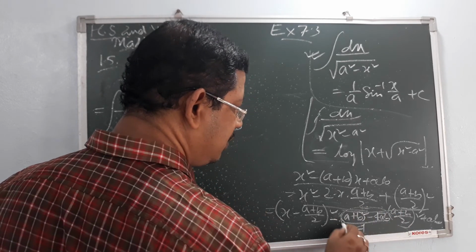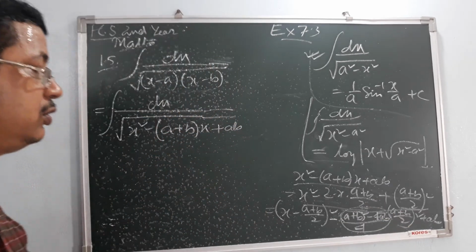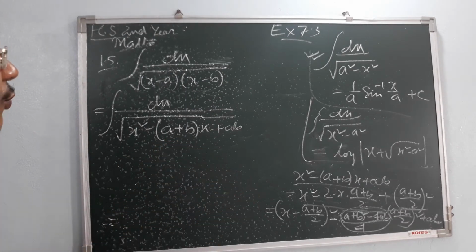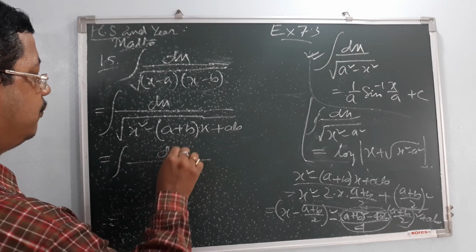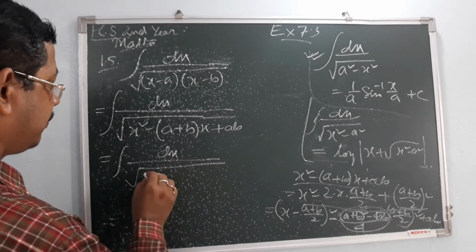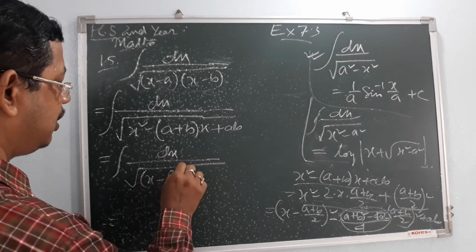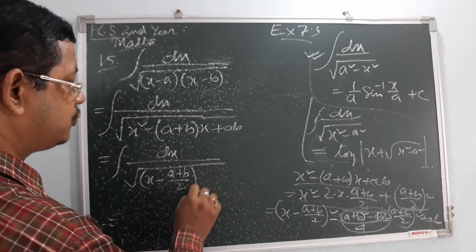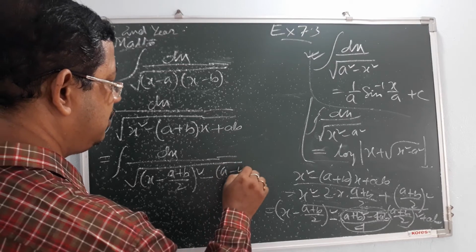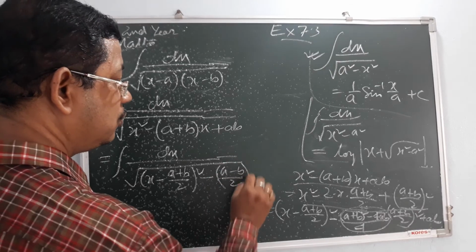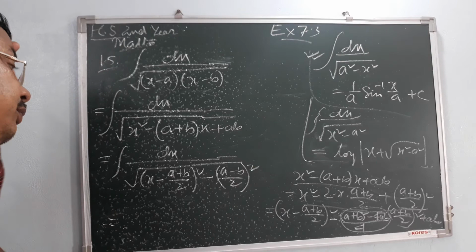So this can be written as a minus b whole thing square by 4. So I can modify these things into the form dx, x minus a plus b by 2 whole thing square minus a minus b by 2 whole thing square.